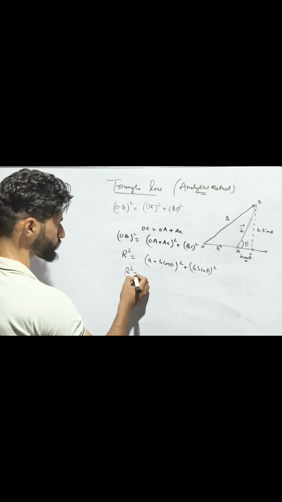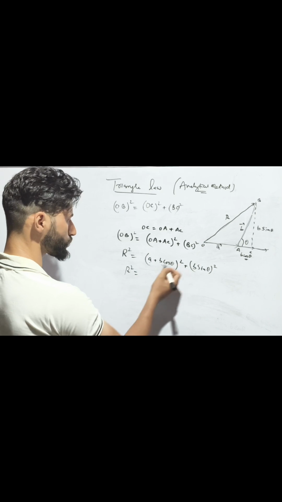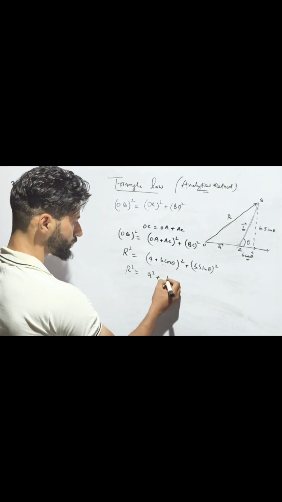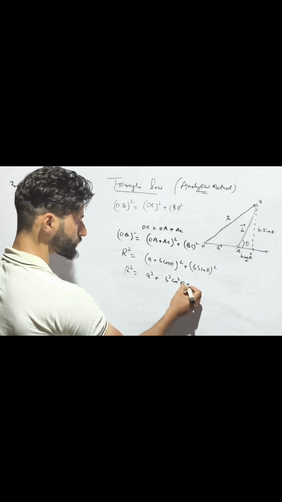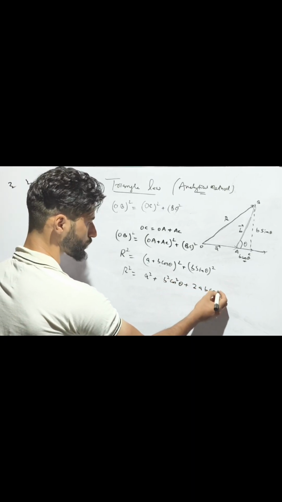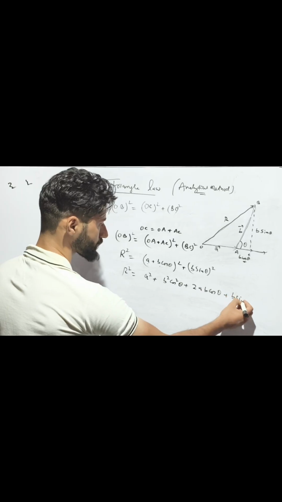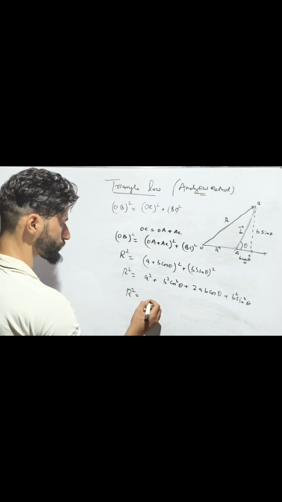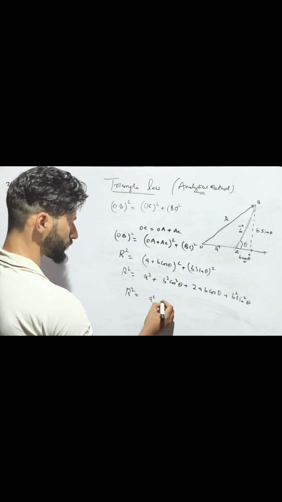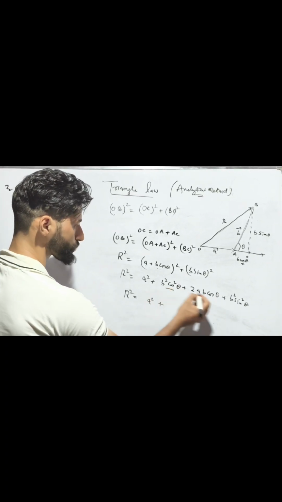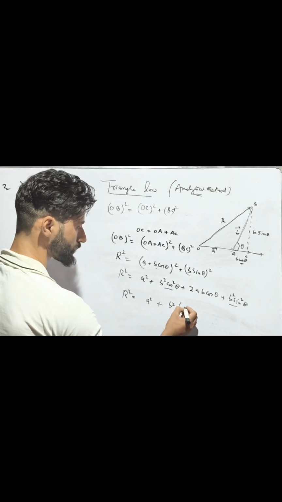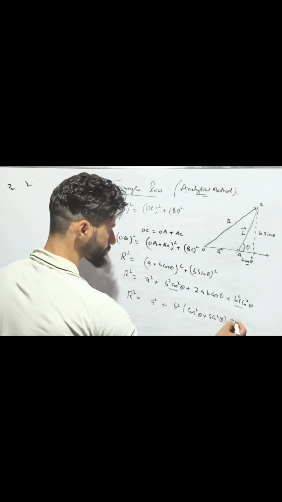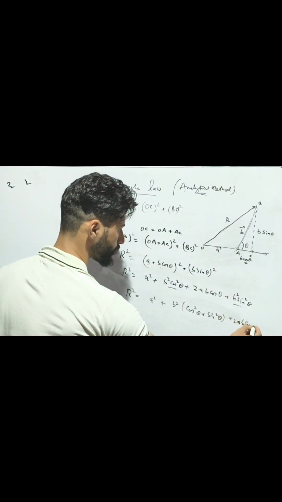So R square will be equal to, using the formula for A plus B whole square, A square plus B square cos square theta plus 2AB cos theta plus B square sin square theta. I can take B square common from two terms, so it is A square plus B square into cos square theta plus sin square theta plus 2AB cos theta.